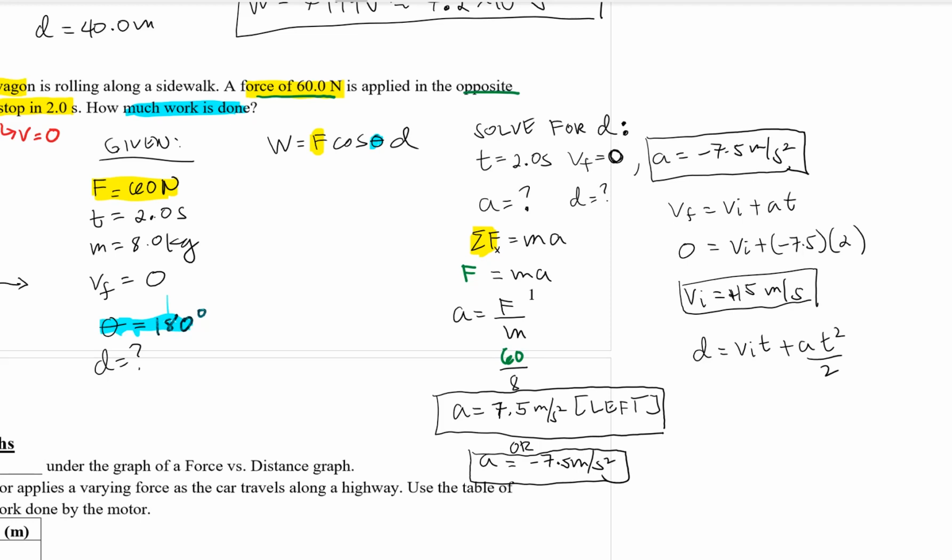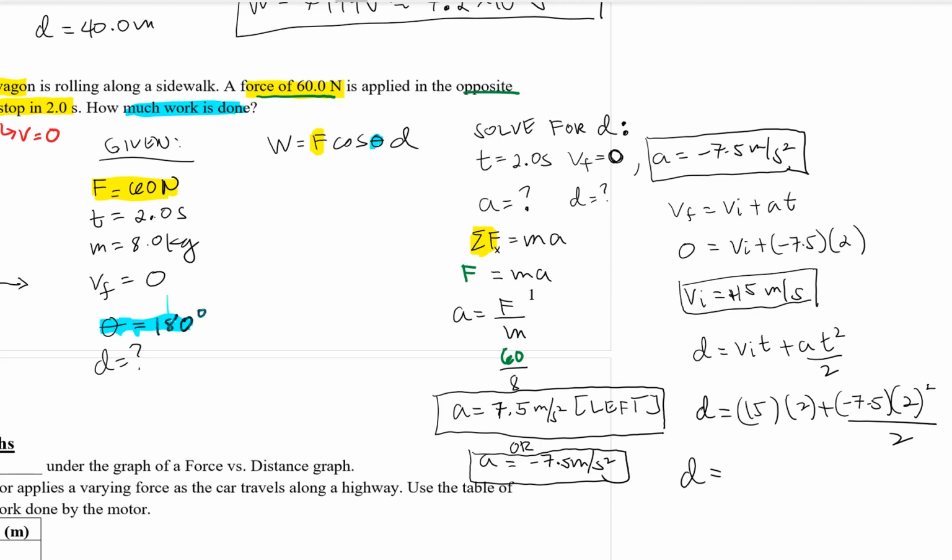So from there, since I have the initial velocity, I can use the equation VI t plus at squared over 2. So the displacement is VI, so this is 15 times 2, plus negative 7.5, 2 squared all over 2.